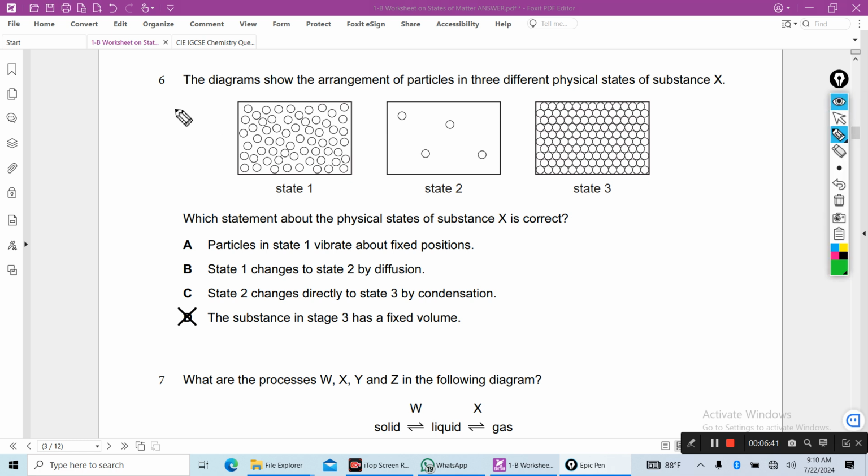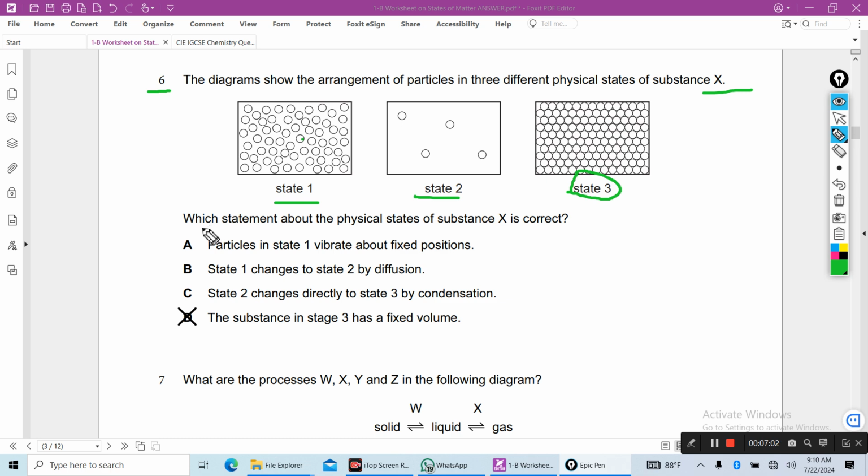Next, number 6. The diagram shows the arrangement of particles in 3 different physical states of substance X. State 1 is liquid, state 2 is gas, state 3 is solid, with particles closely packed.